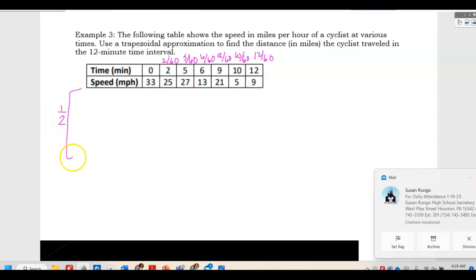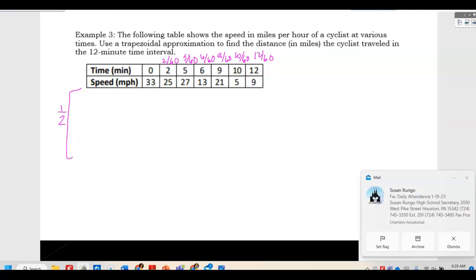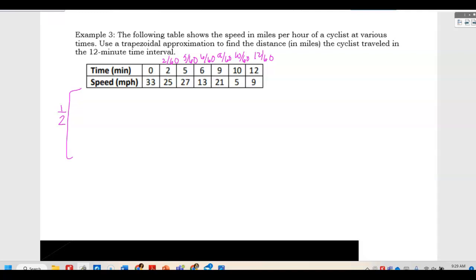Do your width for the middle one. So from 0 to 2 is 2. Now it's 2/60ths. Times 33 plus 25. Plus the distance from 2 to 5, which is 3/60ths. 25 to 27.